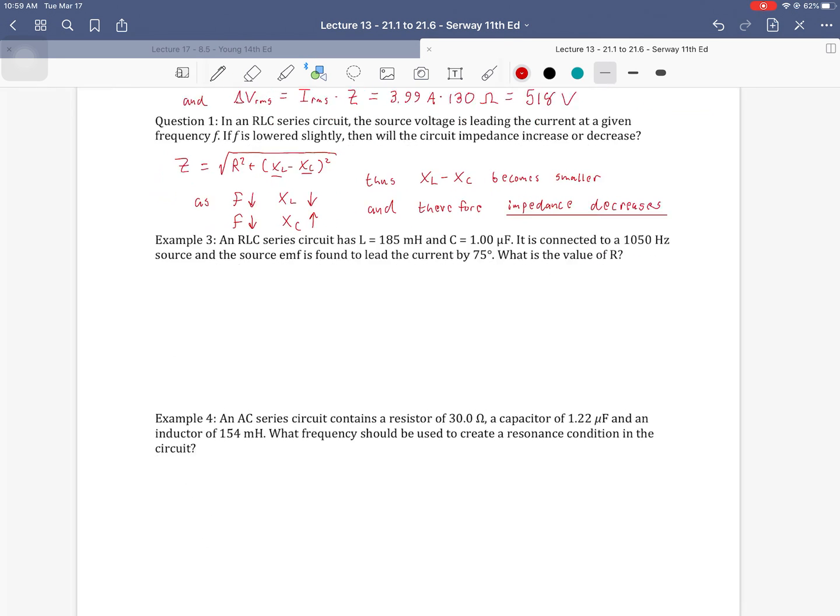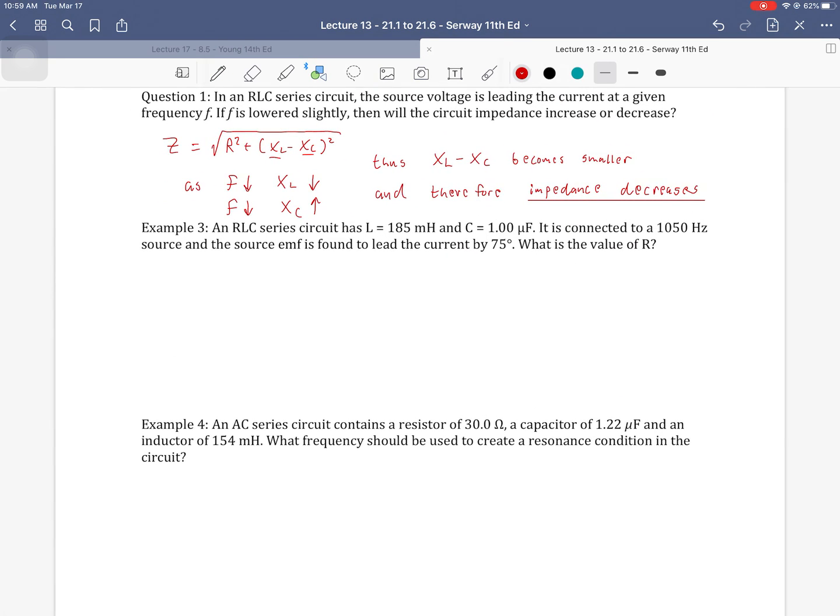All right, and so our last two ones here, an RLC series circuit with a given inductance, capacitance, and frequency, and then we're told the phase angle and we're asked for R. So you can think about just taking the phase angle and solving for R. You just use the formula for phase angle, but instead of using inverse trig to solve for theta, you would just solve for the R value in that expression.